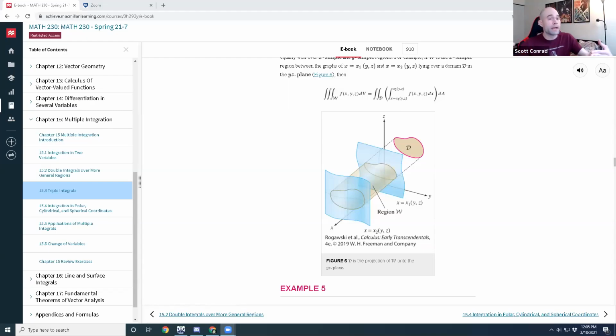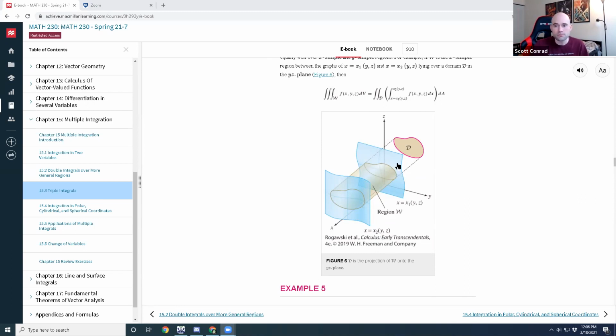And for x simple, now we have in the x direction a front surface here where x is smaller, and a back surface here where x is larger. So for x simple, the bounds for x are going to be functions of y and z. So this is x is some function of y and z.